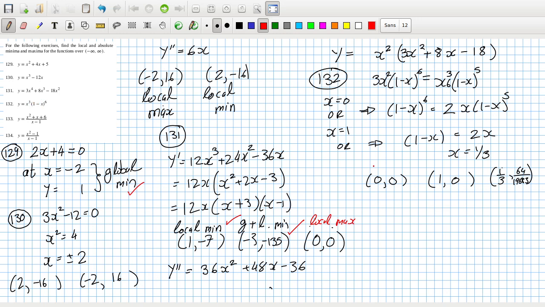So I think this one would be a local max. But I'm not sure about this one. When x is near 0, this is nearly 1, so I think this would be a saddle.